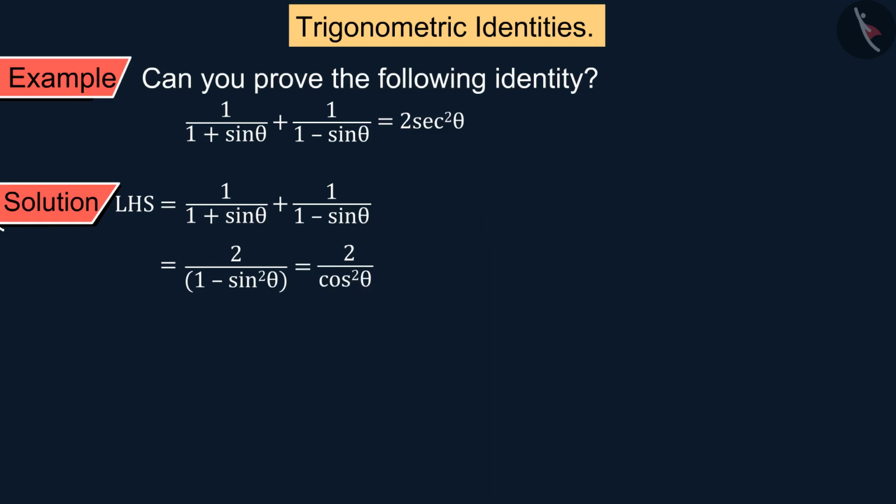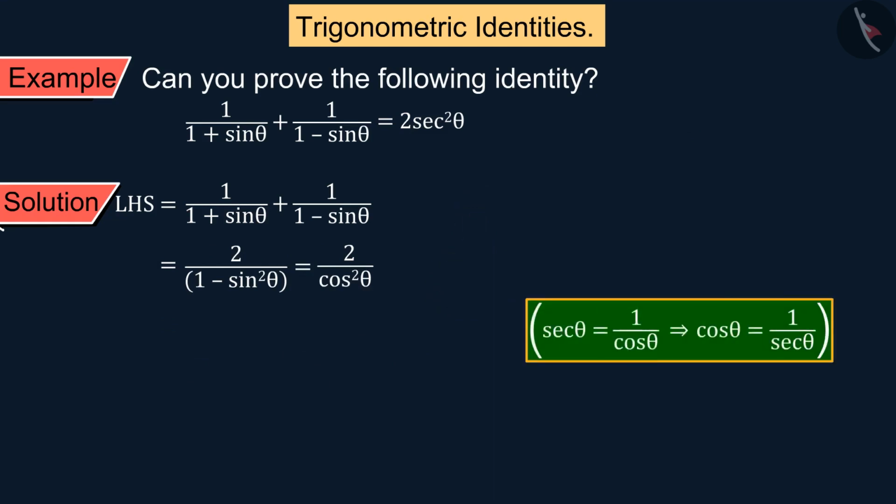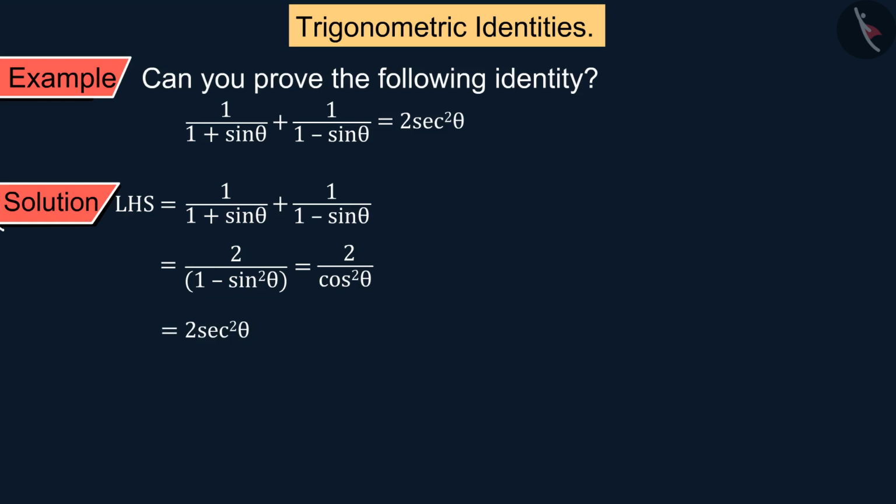We know that the value of sec theta is equal to 1 upon cos theta. Therefore, in the above equation, we put sec square theta instead of 1 upon cos square theta, which is equal to the right side of the given identity. Thus, we proved it.